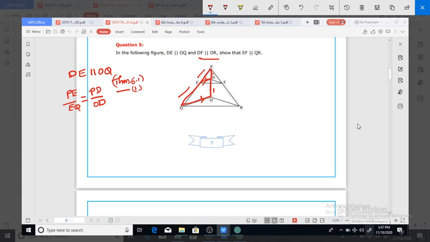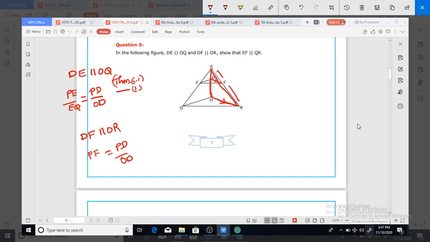Next, take the second condition. What is that? DF is parallel to OR. Let's take DF, DF is parallel to OR. If these two lines are parallel, take this triangle. PD divided by OD is equal to PF by FR.